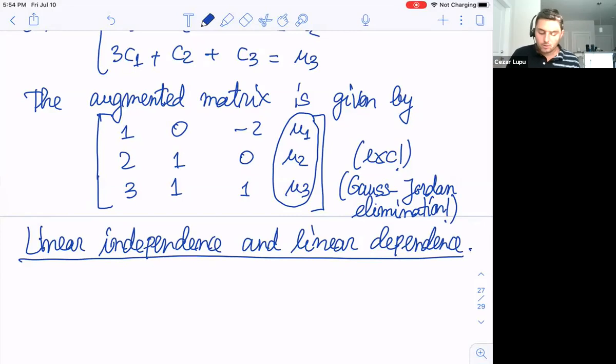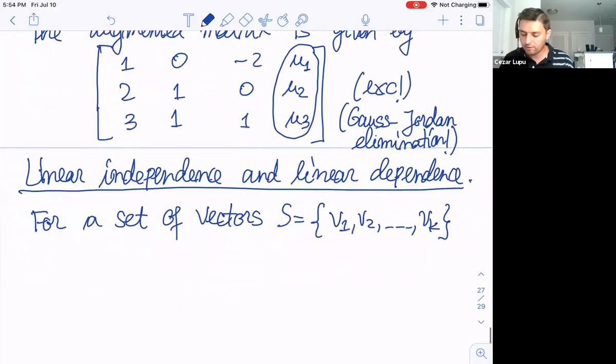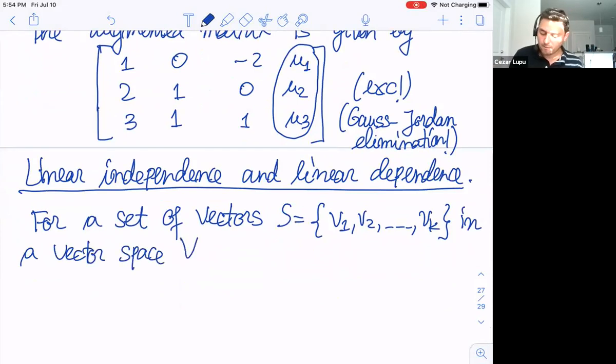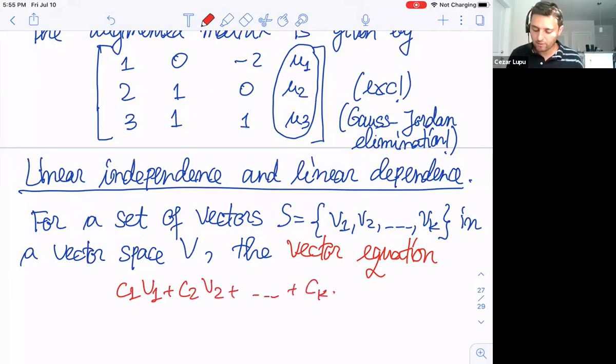Okay. So let's see, for a set S of vectors v1, v2, up to vk in a vector space V, consider the vector equation C1 V1 plus C2 V2 plus all the way to CK times VK equals 0.